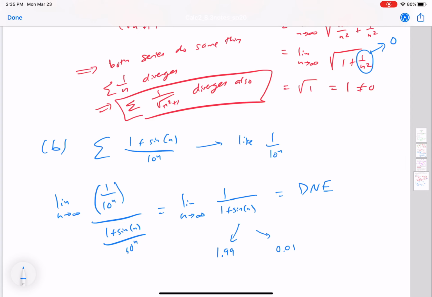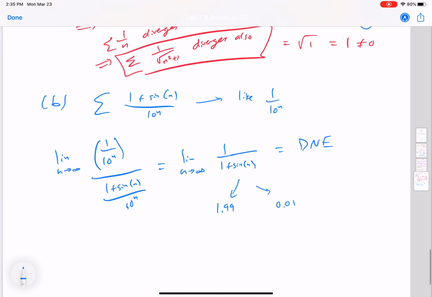It'll never go below 0, and I guess technically I don't think the sine of n would ever equal exactly 1 because pi is an irrational number, but whatever. Point being, it's going to bounce around. People often say that it oscillates is another word. The values oscillate.